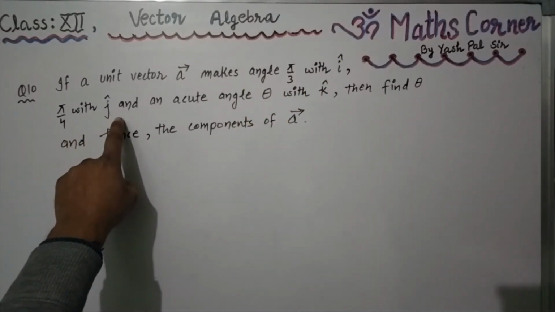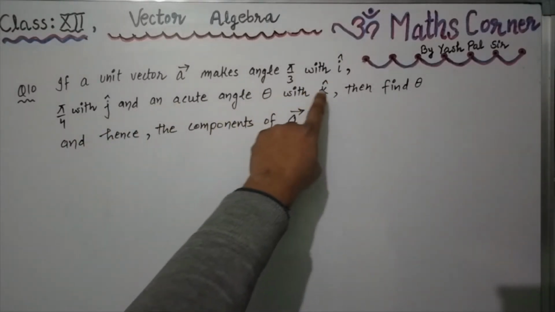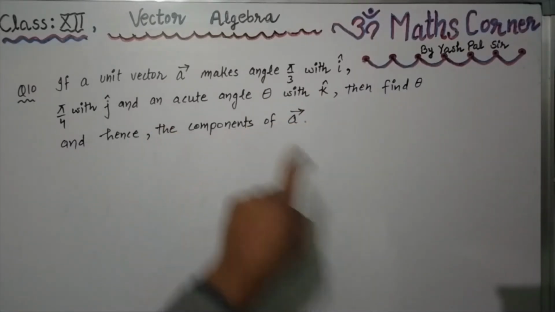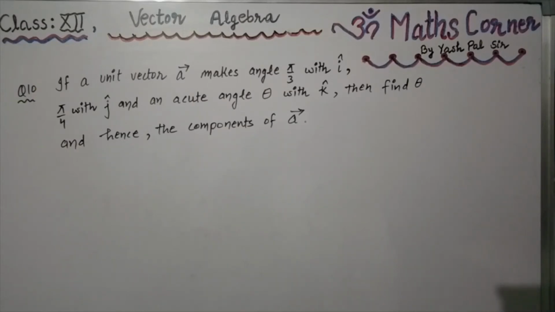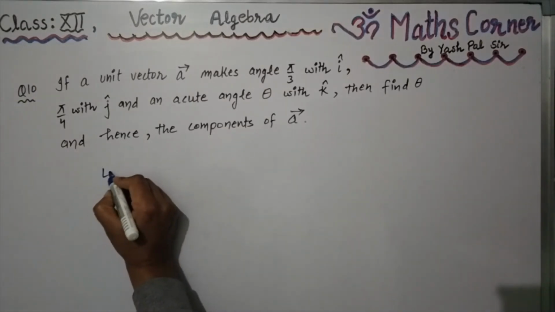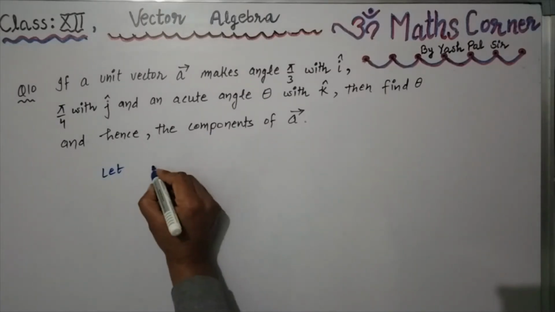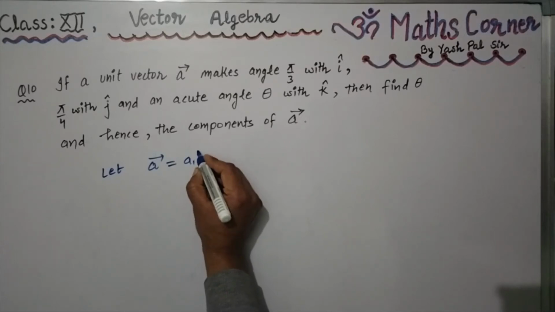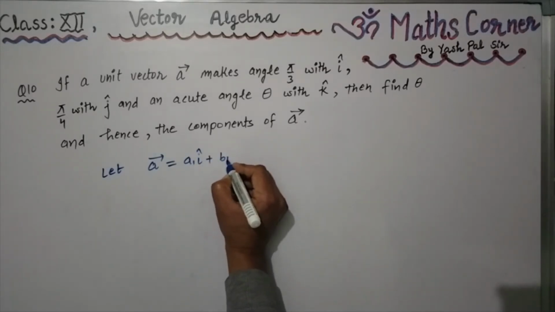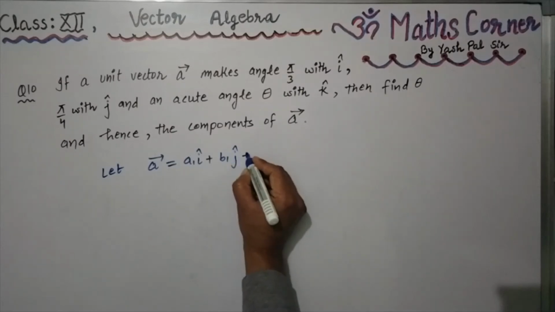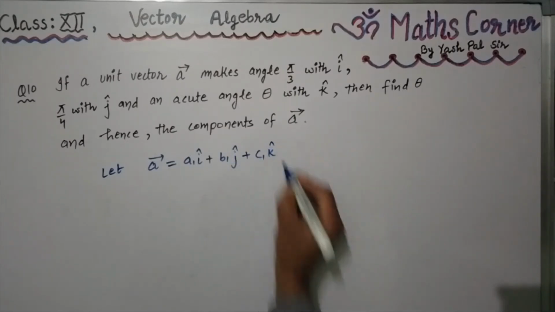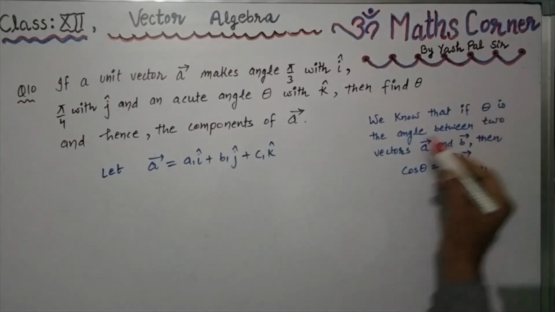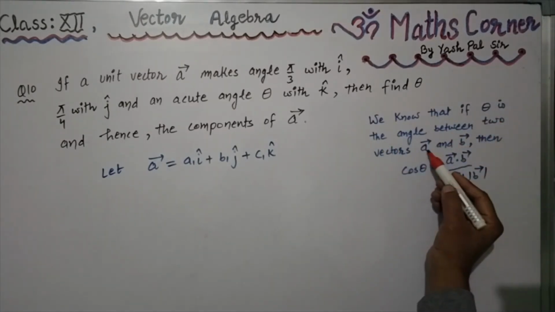Question number 10. If a unit vector a makes angle pi by 3 with i, pi by 4 with j, and an acute angle theta with k, then find theta and hence the components of vector A. So first of all, let the components of vector A be a1i plus b1j plus c1k.